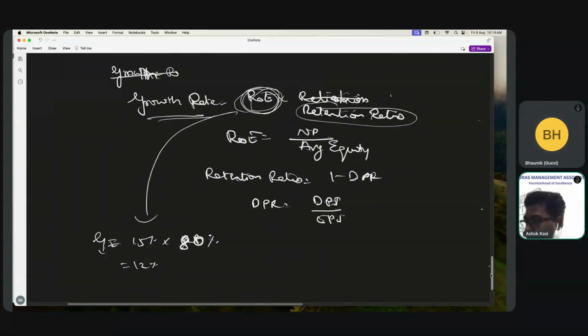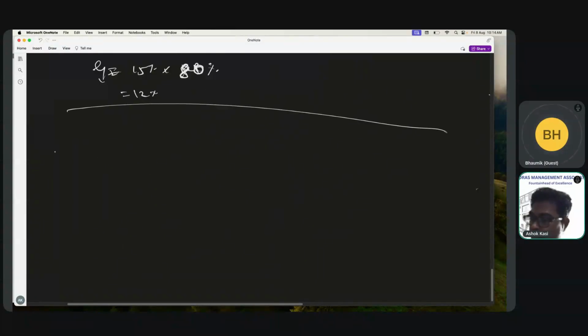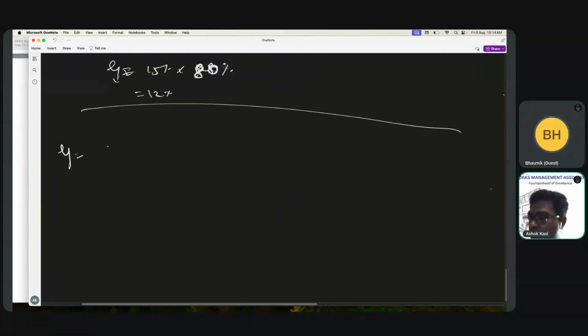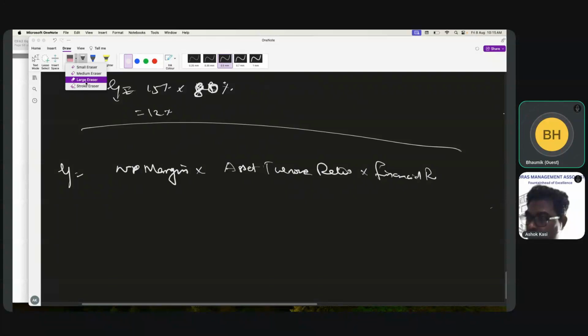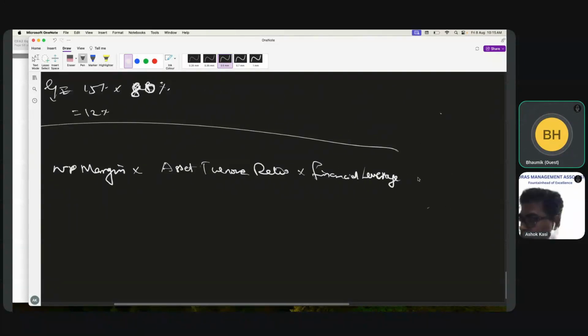Return on equity I can write using DuPont: net profit margin into asset turnover ratio into financial leverage, and into retention ratio.